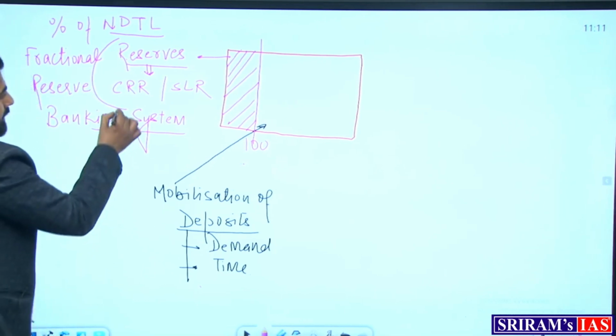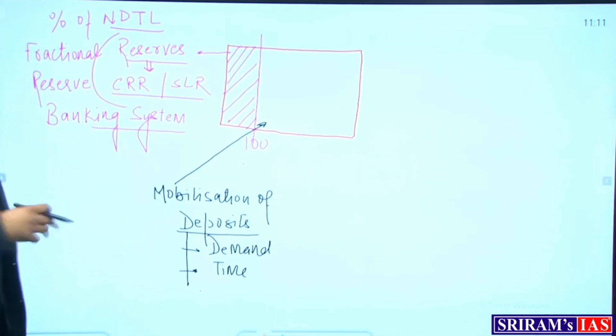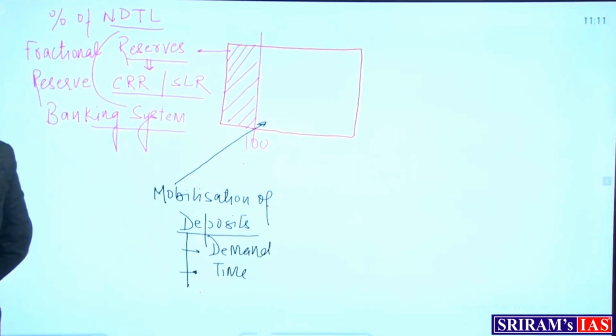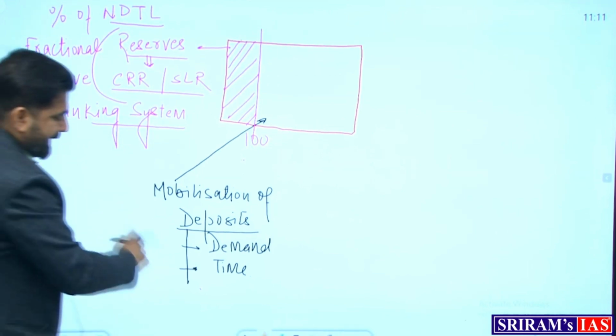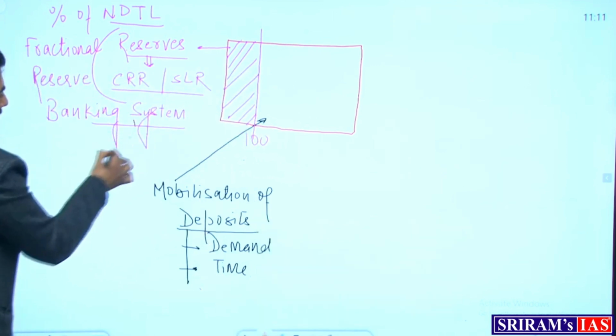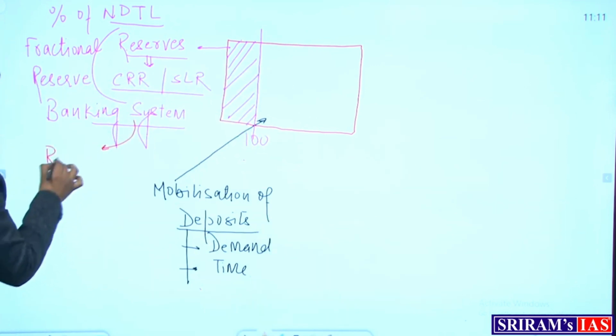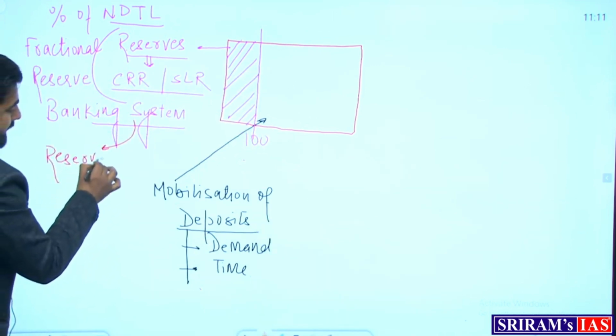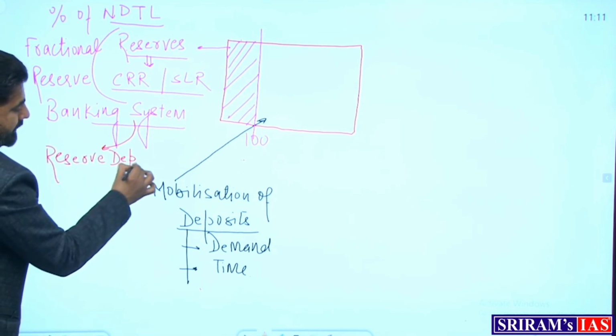Clear? Now, there is one concept given in the NCERT. Let me write it down here itself. That is known as the reserve deposit ratio. If you have gone through the NCERT, you would have come across this term.